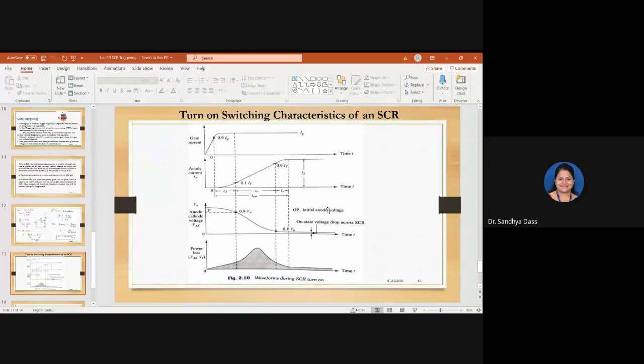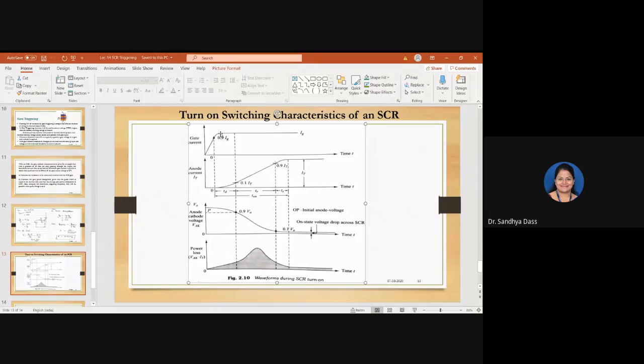These waveforms describe the turn on switching characteristics of an SCR. By this time, we are aware that if we want to turn on the SCR, we give a gate signal. Gate signal is nothing but we apply voltage across gate and cathode terminal, for which there is some current flowing through the gate terminal.